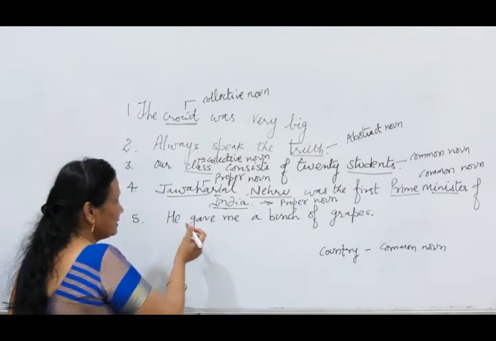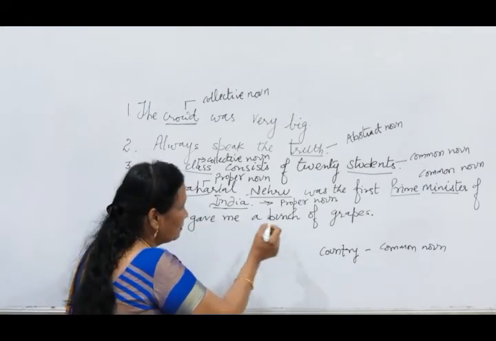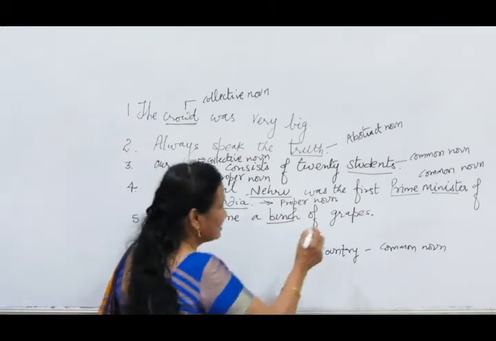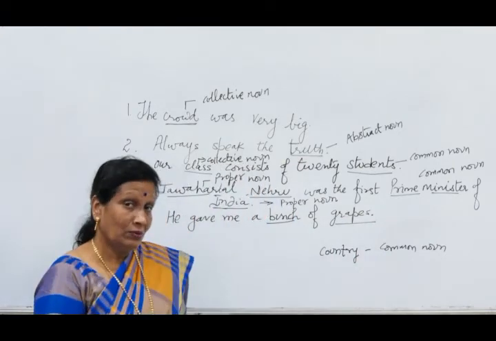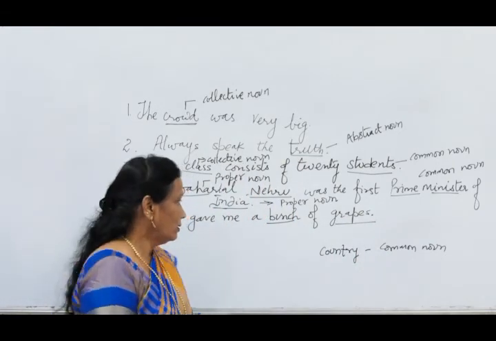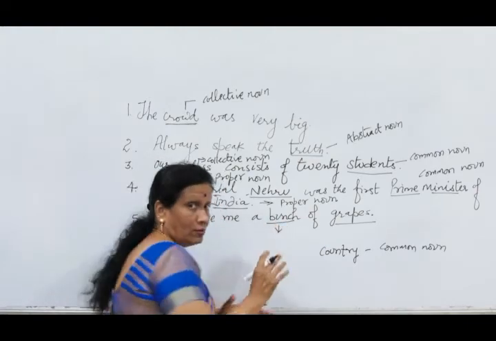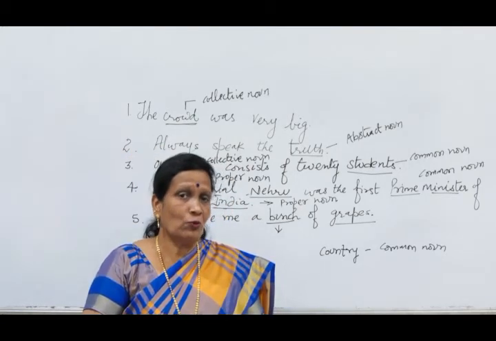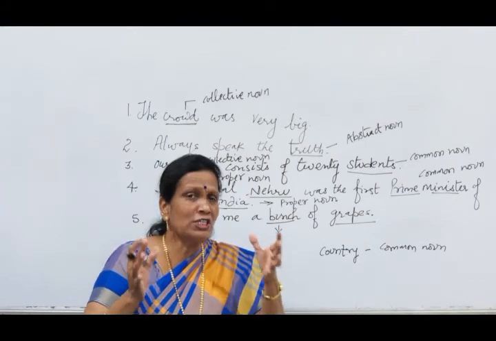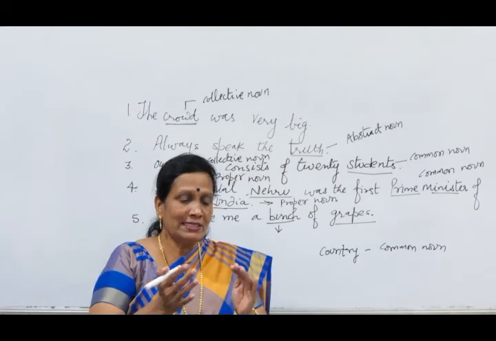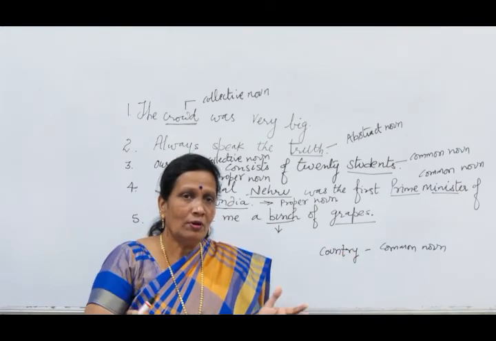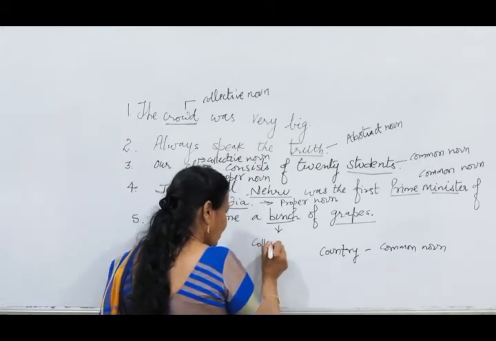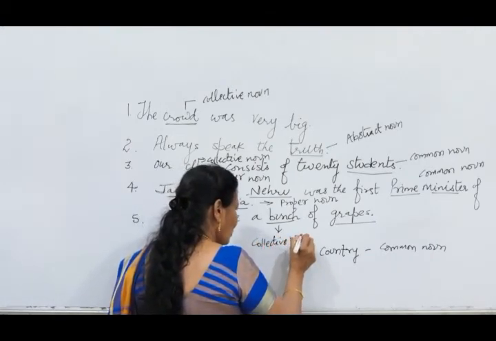Okay, now look at this sentence. He gave me a bunch of grapes. Now, bunch is a noun and grapes also is the name of a fruit. Okay, when we say bunch, you might have seen bunches of grapes children. When you go to buy fruits with your parents, you see bunches of grapes in the fruit shop. So when you see a lot of grapes put together, we call it a collective noun, a bunch of grapes.